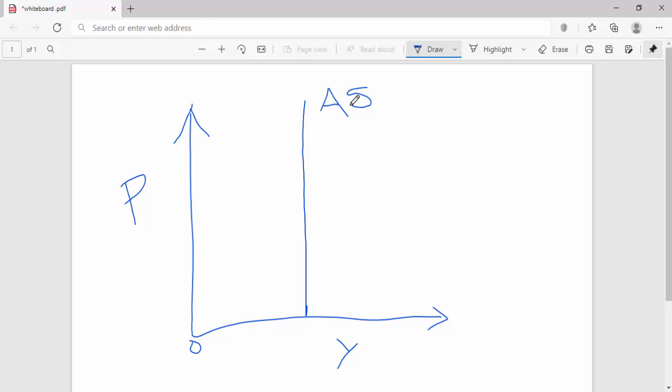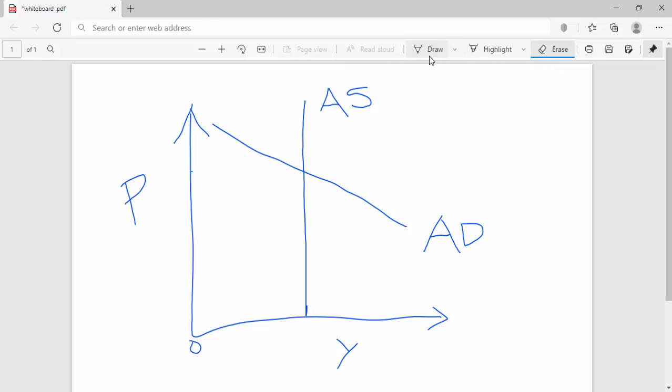Now the aggregate demand, of course, is downward sloping. Sorry about that, let me draw that again. The aggregate demand curve is downward sloping. Let me color this properly.